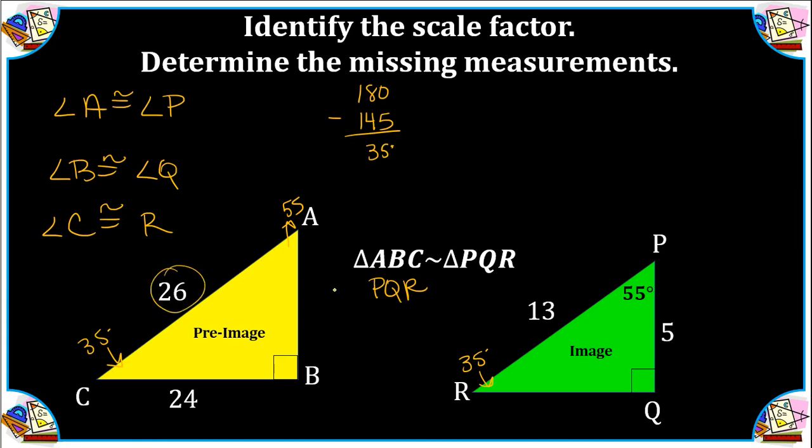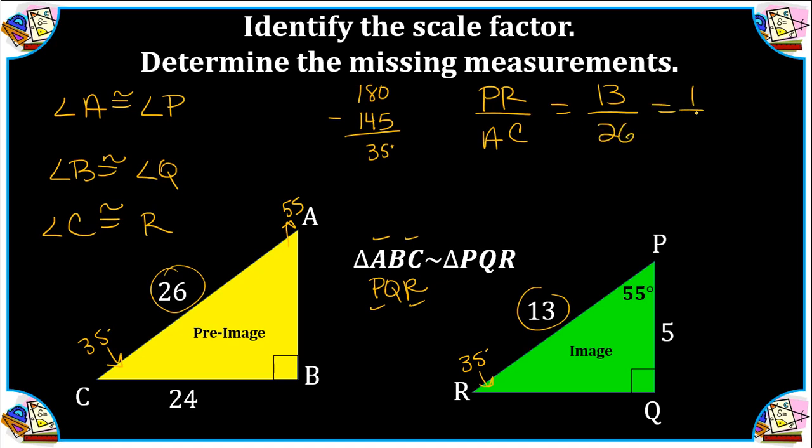I have 26 and 13. These are the only two where I have both measurements of corresponding parts. So we're going to compare PR to AC, and PR is 13 and AC is 26. So our scale factor is 1/2.